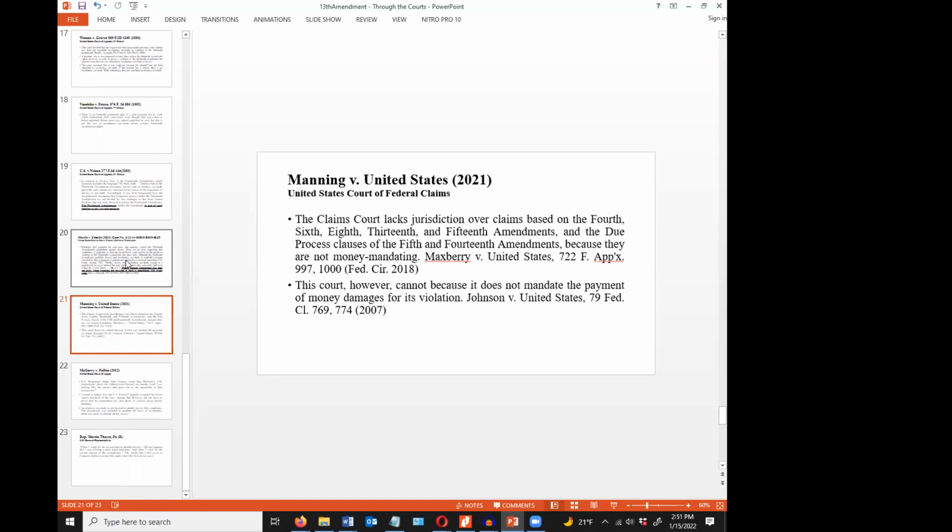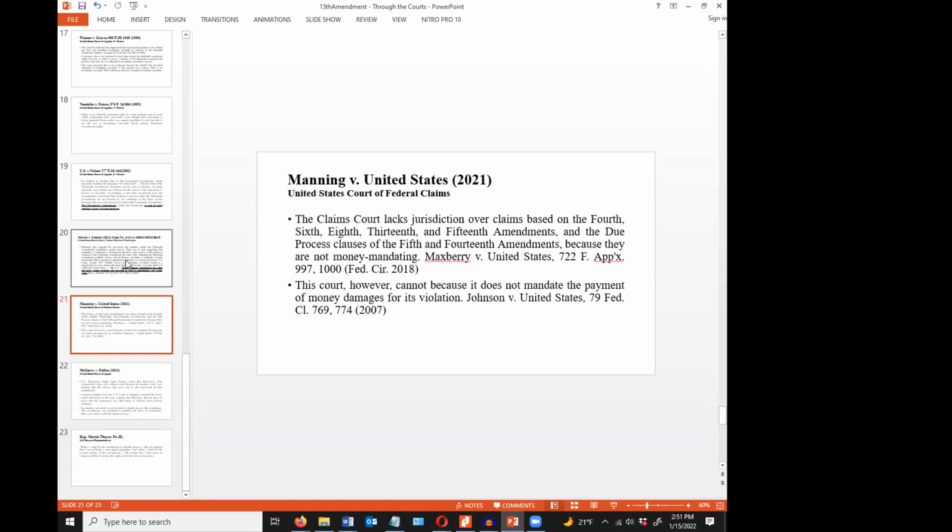So another case that came up: what happens when you want to do a monetary claim based on the 13th Amendment? I came up with this case, Manning versus the United States, 2021, held in the U.S. Court of Federal Claims.